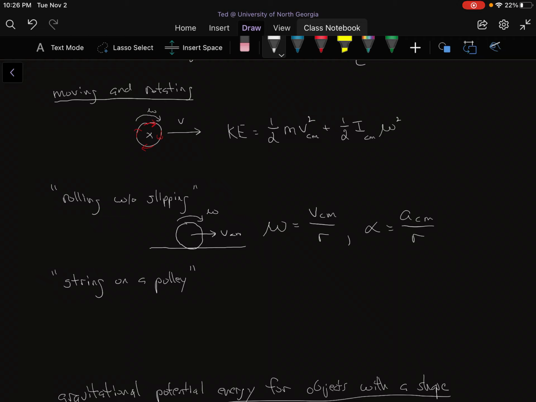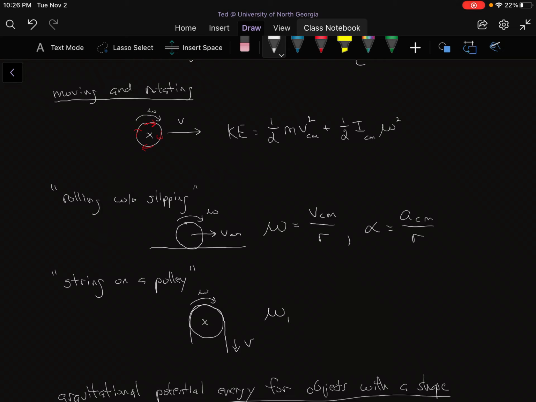Okay, and that is similar to if we have a pulley and we have a string wrapped around the pulley. If that string is moving with a velocity v, the pulley has to be rotating, okay? And we get the same relationship.